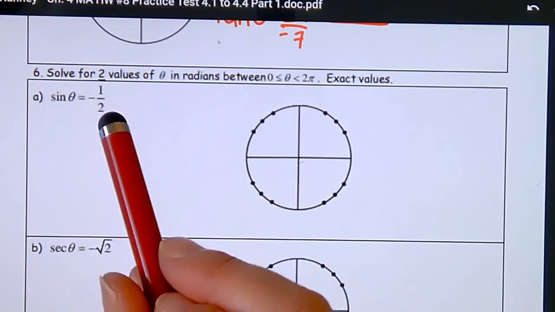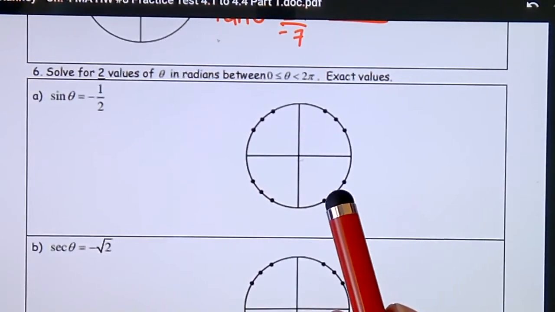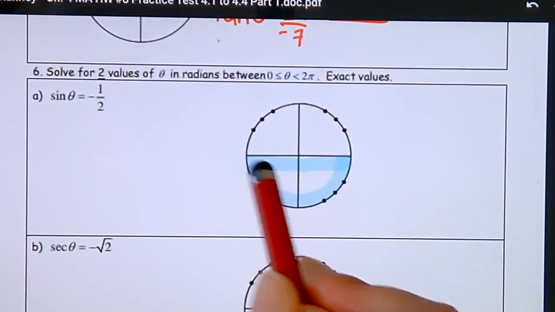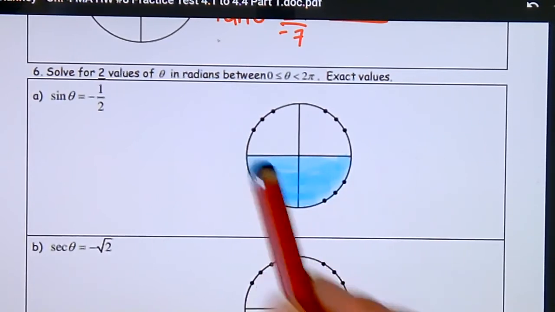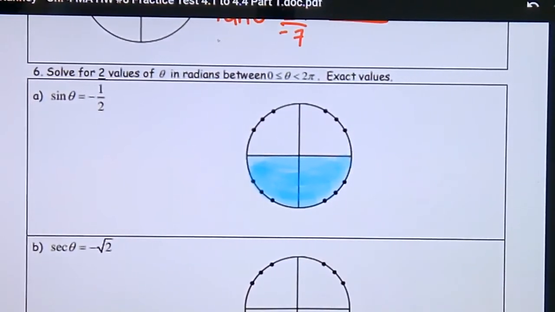So for this, I want to figure out where sine is negative first off. I like to shade where my sine is negative. Well, my sine is negative down in both of these quadrants. So I'm down here. This is where I am. So my two angles that I'm going to be giving, one will be in this quadrant, one will be in this quadrant.